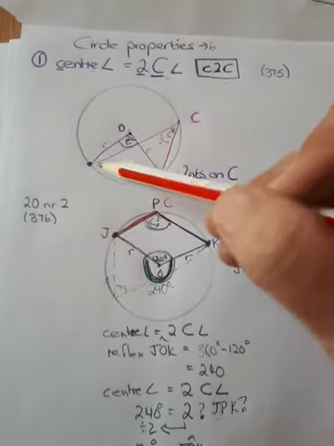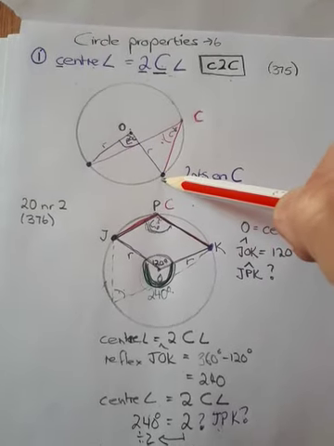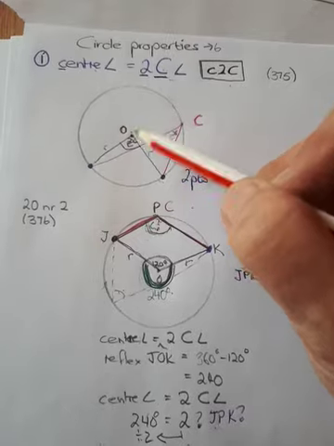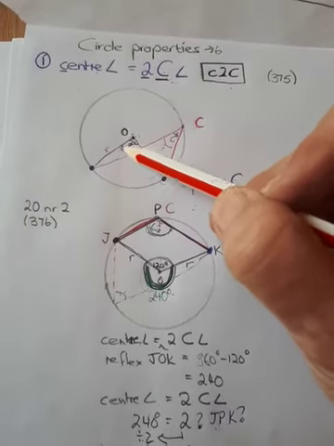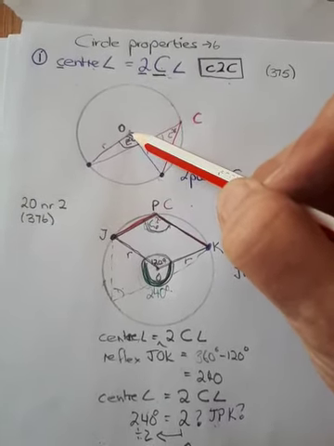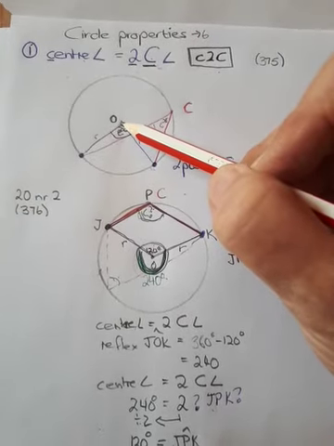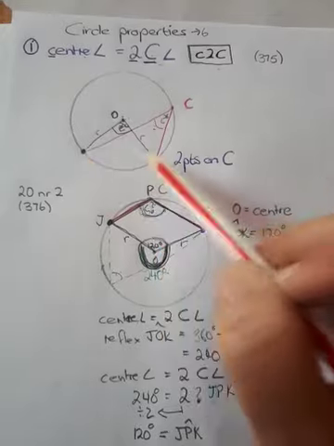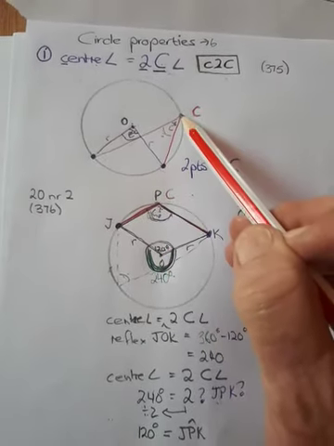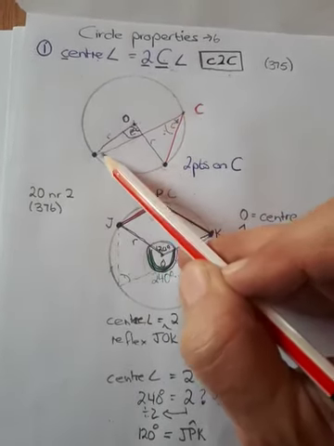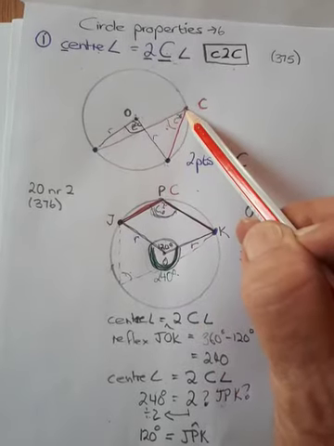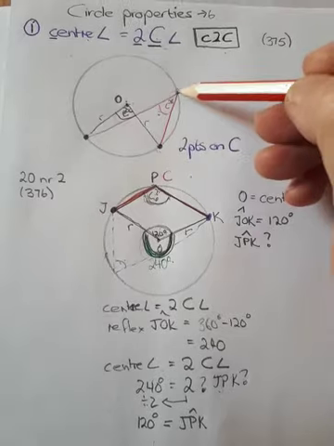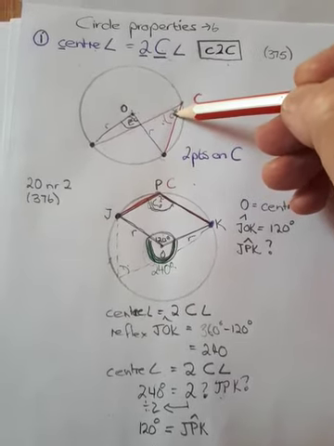So you must have 2 points on the circumference and you must have 2 radii, which then at the center form your center angle. Then the circumference angle is being formed starting with the same 2 points, but having an angle on the circumference. So from the same point, you must have a line. From the same point, you must have a line. Then this forms the circumference angle.